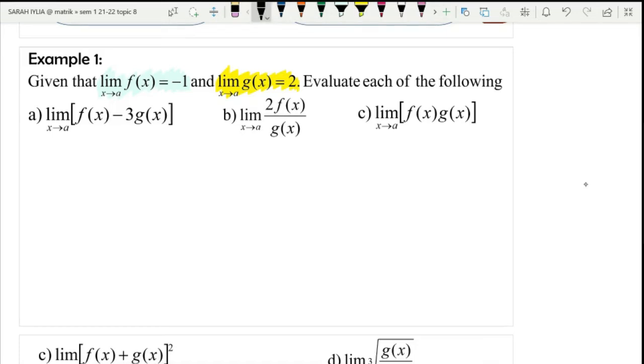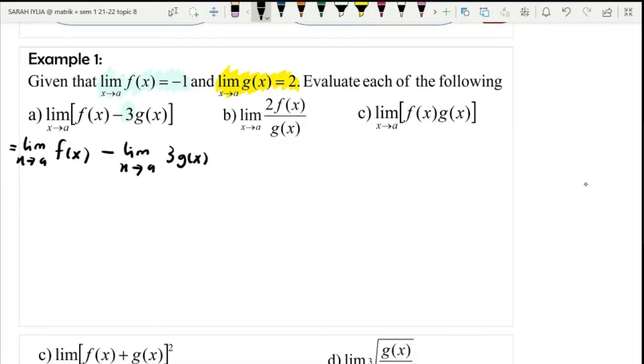We have limit of fx minus 3gx. Okay, ini dia bergabungkan dua properties lah. So kita tahu tadi kalau tolak kita boleh asingkan tolak tu. And then if we have scalar multiplication, scalar tu kita boleh factorize outside. So if I open this out, this would be equal to limit of x approaches a fx minus limit of x approaches a 3gx.